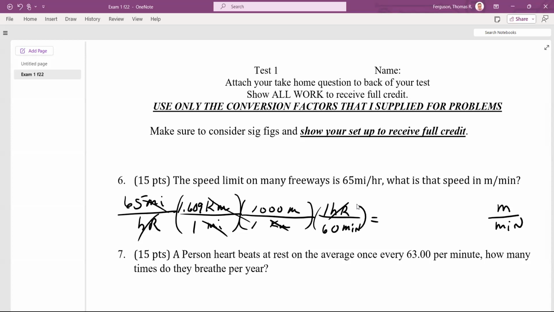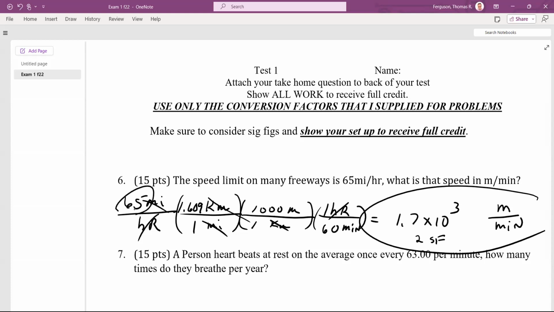Okay, so how many sig figs is our answer? 2. 65. Right? You have 4 and 2, which is smaller, 2.